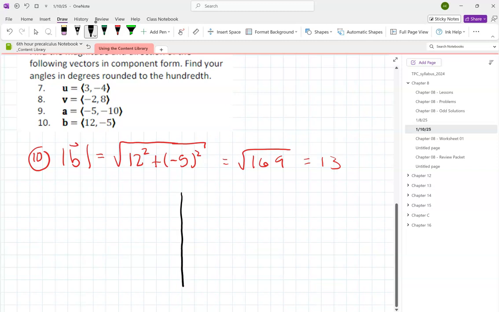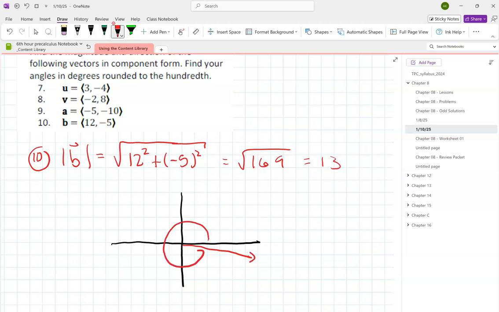To do that, I'm going to start by drawing a picture. So I'm going to plot the point 12, negative 5. So that's like 12 over and 5 down. So that's my direction, right? In quadrant 4. When I draw my angle phi or alpha, it's always going to be between the x-axis and the terminal side.